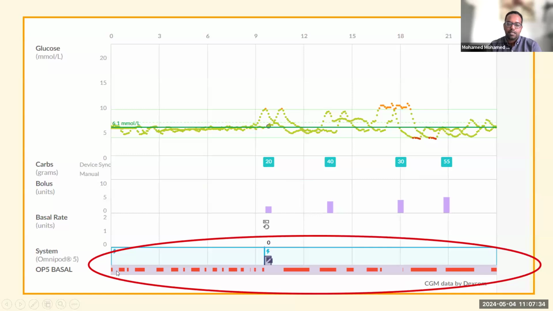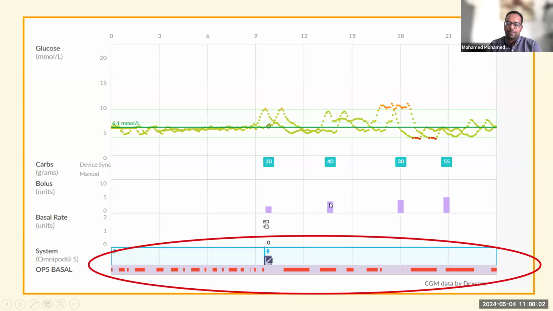So this pump has been delivering; every light purple is the pump giving insulin, and the red dashes you see are the pause. So the pump stops giving insulin, gives insulin again, stops giving insulin again, and every red dash is the pump stopping giving insulin.